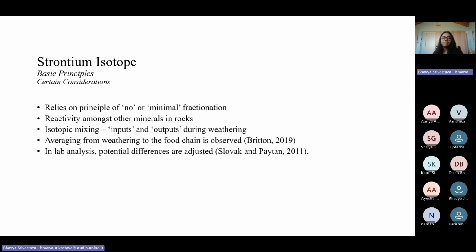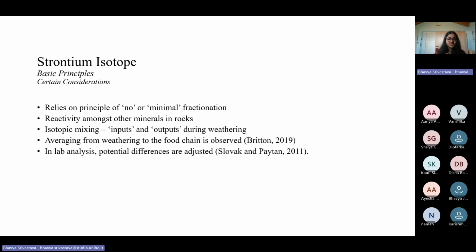If you remember the last talk, you would remember the process of fractionation that occurs in isotopes. Strontium analysis relies on the principle that there is little or no change in the strontium isotope levels of rocks from whenever they were formed till the present day, which is not really true, because landscapes change and erosion takes place, with natural and human factors both responsible.